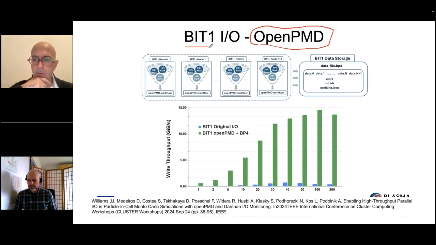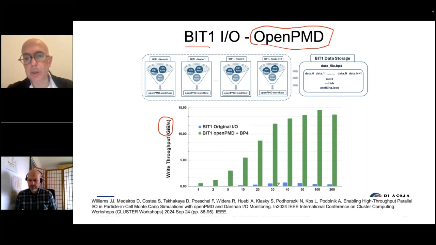I just want to give you an example of the transformative power of, for instance, OpenPMD. On the y-axis, we have the bandwidth, so the throughput, in gigabytes per second. So the higher the better, and then we have the different number of processes on the x-axis.